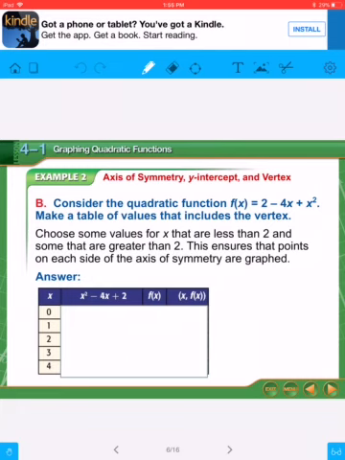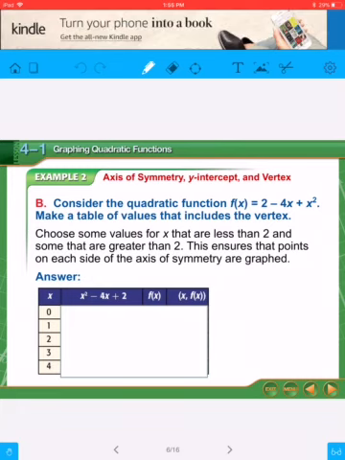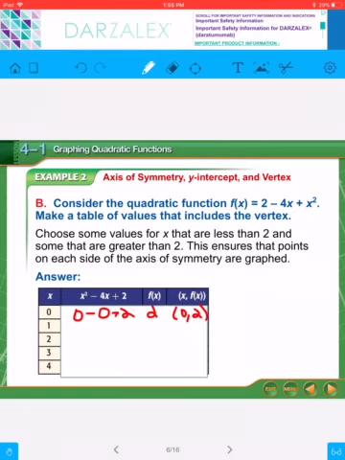Okay, so then we can figure out the graph of it by plugging in x values to get our y values. If I plug in 0, we have 0 squared minus 4 times 0 is 0, plus 2. So we have that point at 0, 2 that we just talked about. If I plug in positive 1, I have 1 squared, which is 1, minus 4 times 1, which is 4, plus 2.